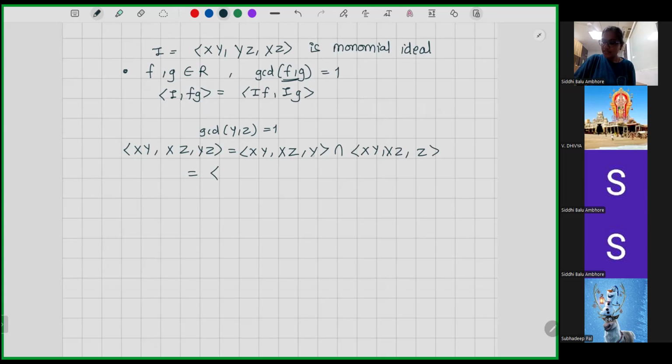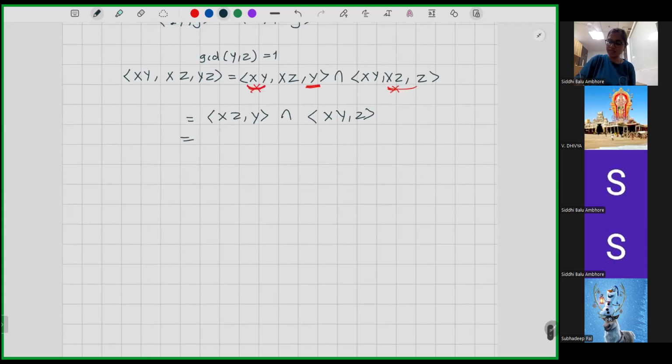And since y is here, I can get rid of these elements. Not x, that is not correct. So we do not need this as we have this here. Similarly, since z is here, we can omit this. So we get (xz, y) intersection (xy, z). And again, I will use this to split these two elements, and I will write this quickly. If you have any doubt, please let me know.